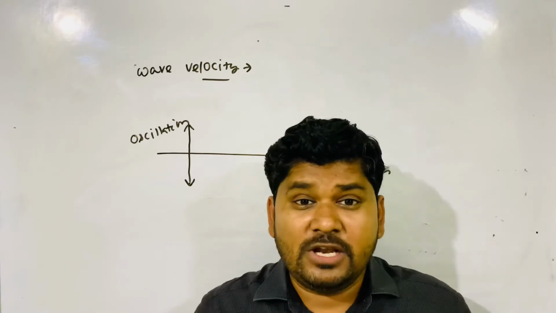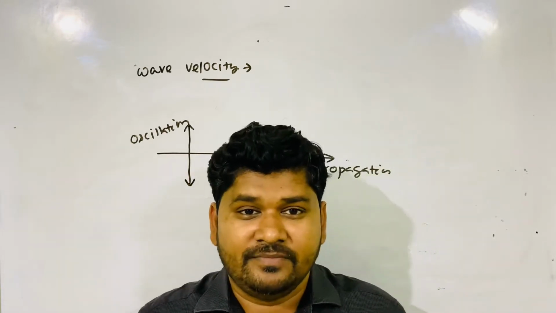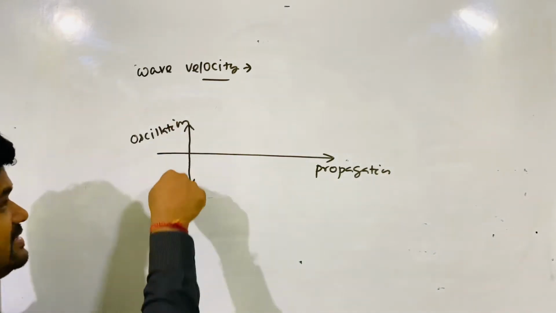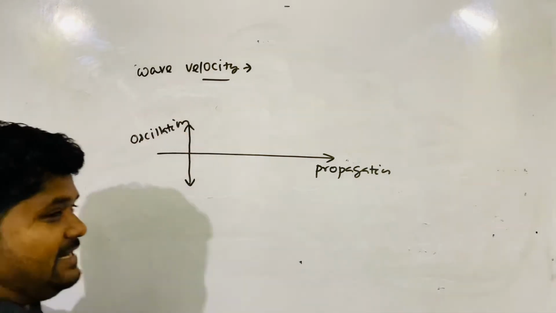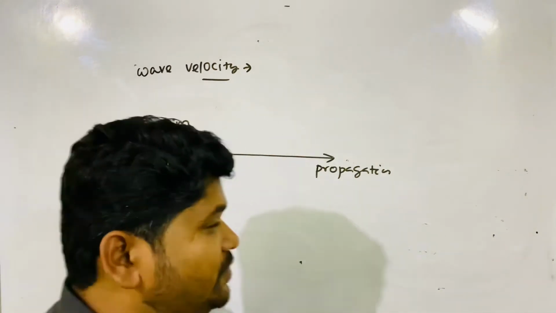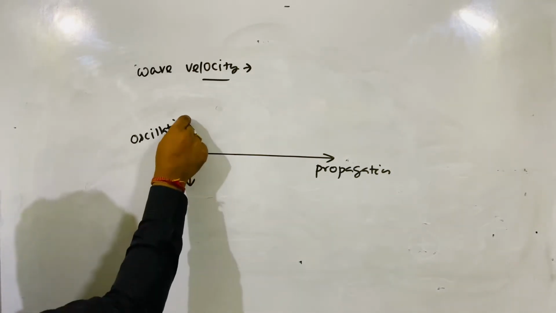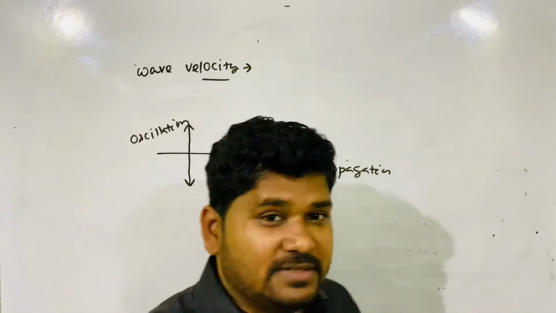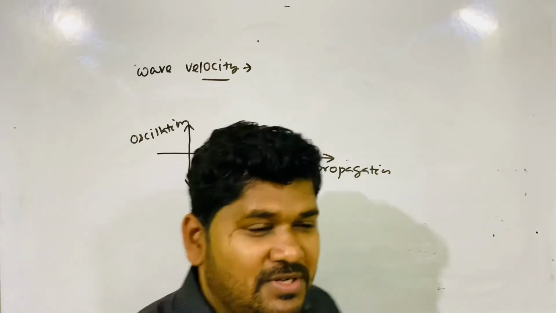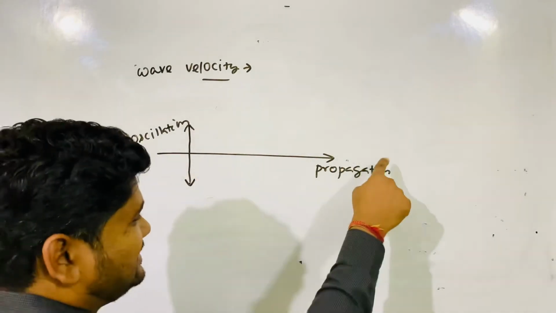That means the velocity of the particle varies when it is oscillating.